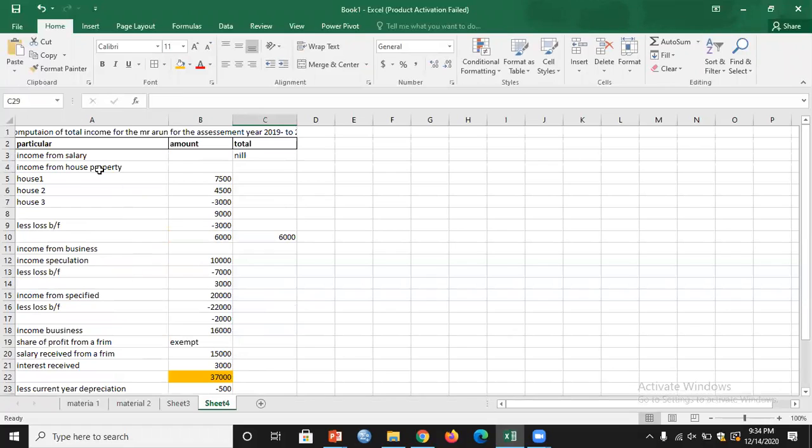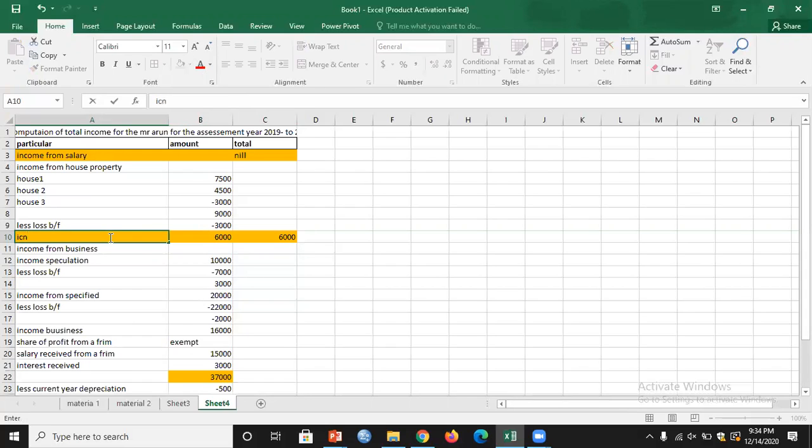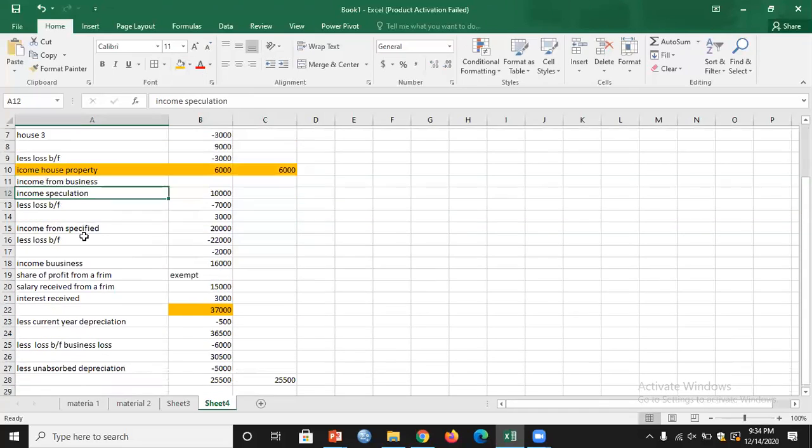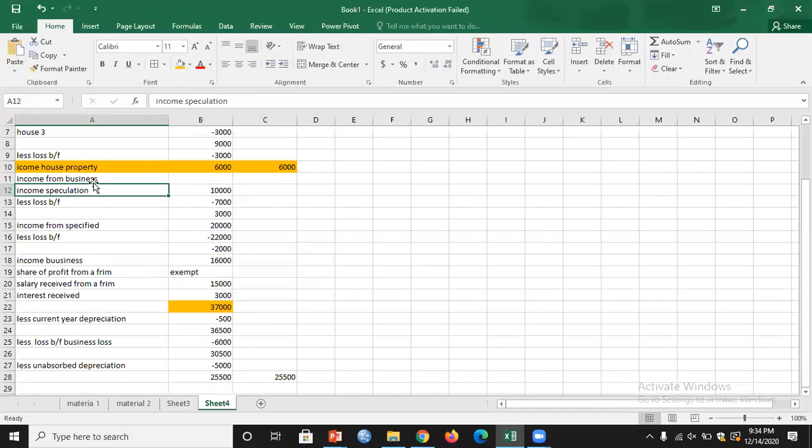So let me cross check one more thing. We have income from salary. There is no amount. Then income from house property, we got around 6,000. The next is income from business. There are three kinds of business. Income from speculation business: there we got 10,000 as a profit, and we have a loss of 7,000.